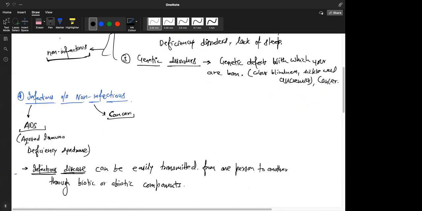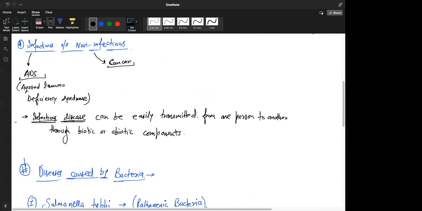So we started with infectious and non-infectious diseases today. We discussed what they are, one example of each, why infectious diseases spread and why non-infectious do not. The reason is that infectious diseases are always caused by pathogens or some causative agent that can get transferred from one person to another very easily through any biotic or abiotic component, as defined on your screen.